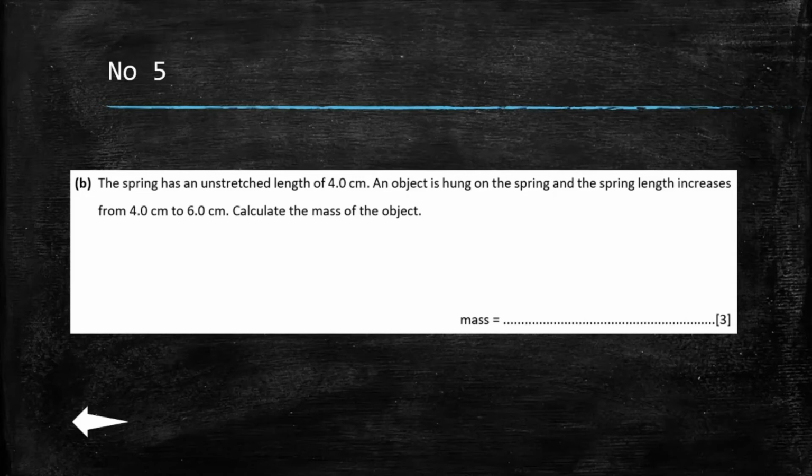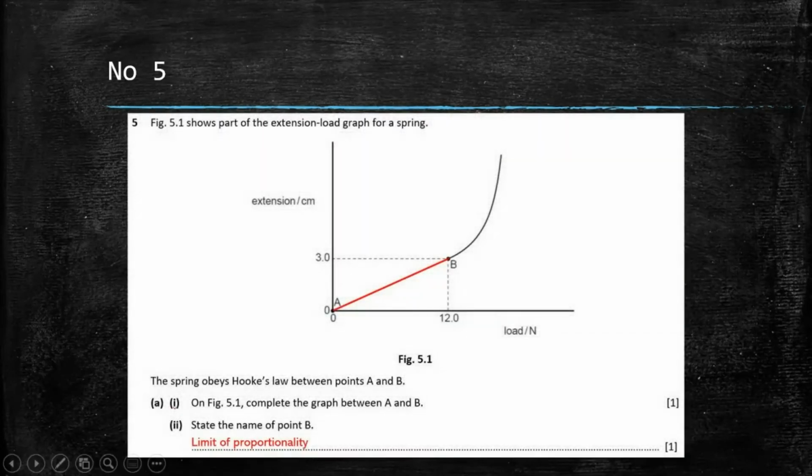To answer this question, we have to go back to the graph. From the graph, we know that 12 Newton force produces 3 cm extension. Once again, 12 Newton force or load produces 3 cm extension.